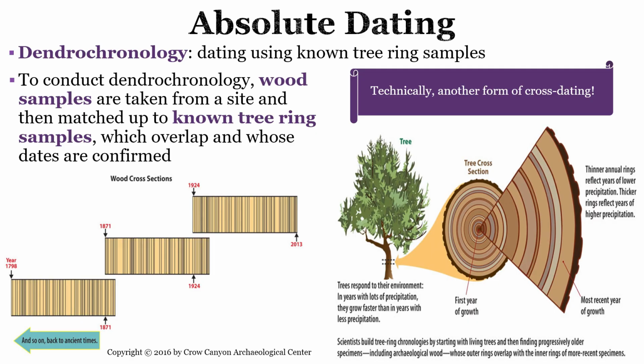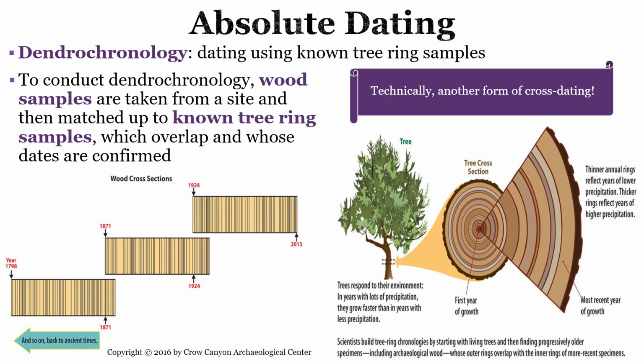Trees that live overall in dry conditions will have thinner rings than trees that live in wetter climates. Where it really becomes noticeable, though, is when we see a pattern change. So when we see thin rings all of a sudden expand out, we know that there must have been unprecedented amounts of water. And when we see rings constrict and tighten, we know that there must have been a drought.